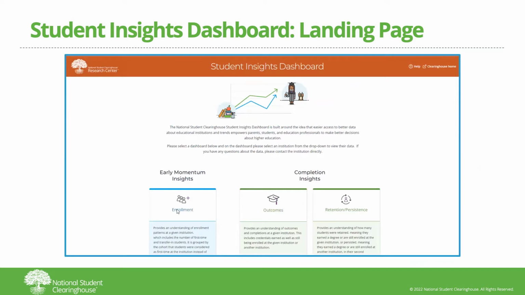You can see this where you have something like the enrollment, and then under here would be a card, and then you have outcomes, retention, persistence, and the other 2 dashboards over here. Again, with descriptions of each of the dashboards before the user even clicks on it. We also have provided directions up here. There's help over here, as well as a link to our Clearinghouse home.